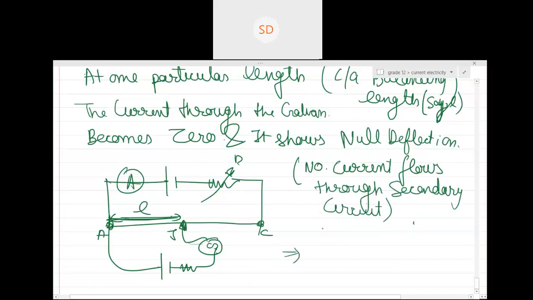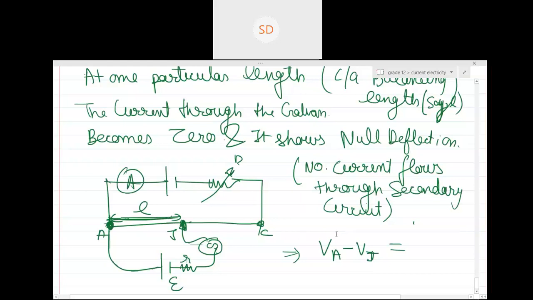At this particular time, if I apply open circuit Kirchhoff from here to here, the potential across A and J, VA minus VJ, should be equal to the same whether you go from this route or this route. If you apply Kirchhoff from here, this battery will come, and this resistance will not play any role. Why? Because there is no current. I told you at the beginning of the question that this resistance will not play any role because we will obtain null deflection length, right?